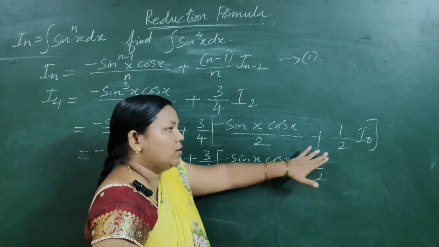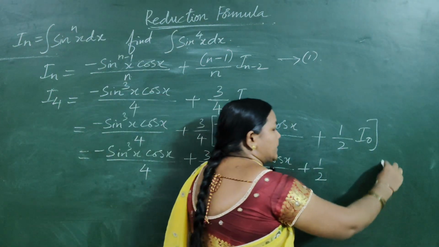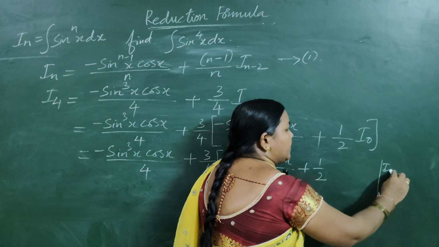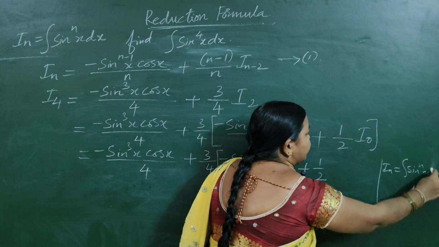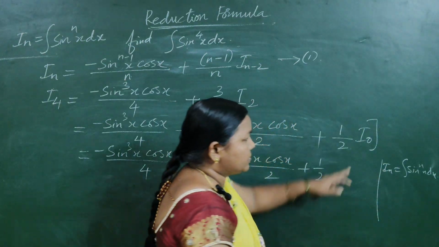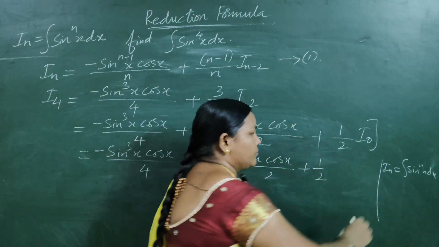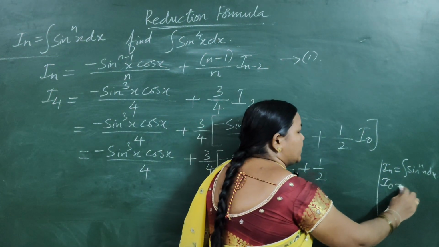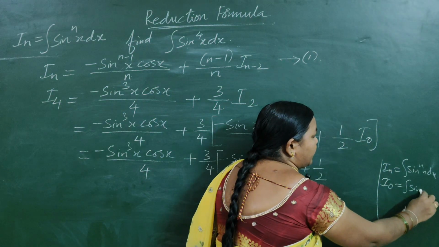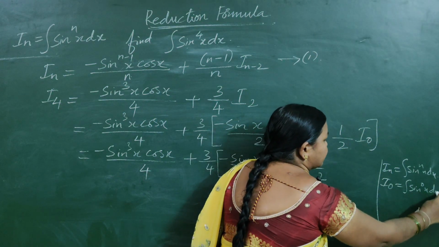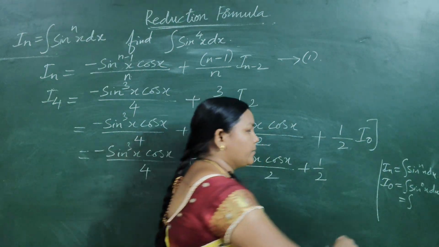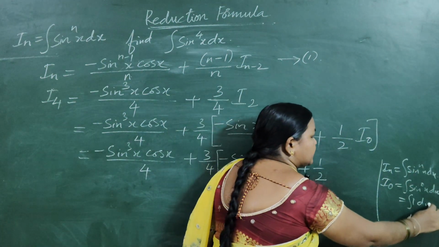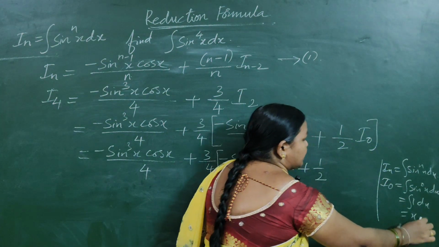We don't know the value of I0. See here, in the question, I n equal to integration of sine to the power of n x into dx. Here we have to substitute n as 0. That is I0 equal to integration of sine to the power of 0 x dx. Any number to the power 0 is 1. That is 1 dx. Integration of 1 is x.